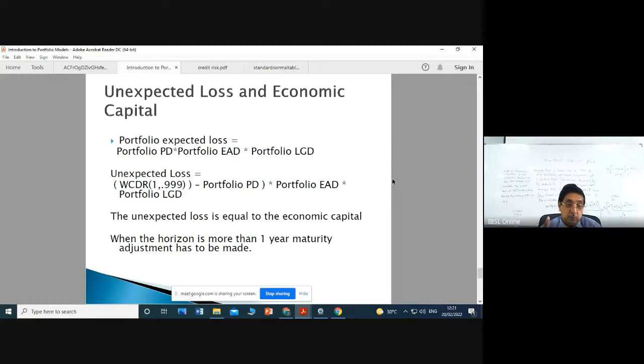The unexpected loss is also calculated on that basis. I think things are now arranged in that way, because even the people in banks have now understood what the central bank means by these things.